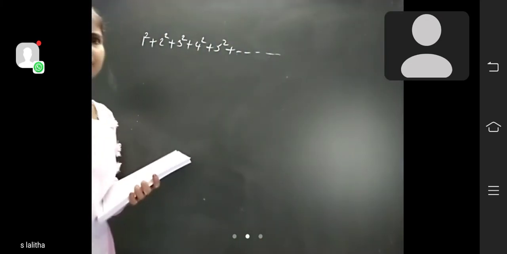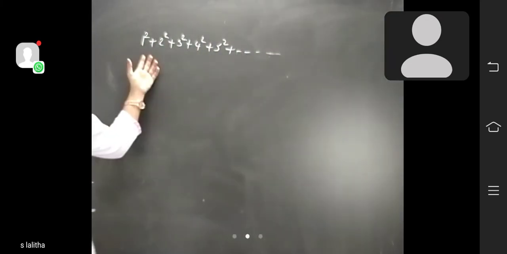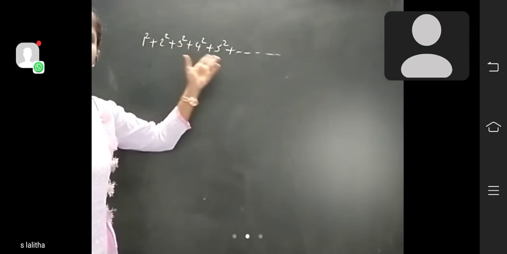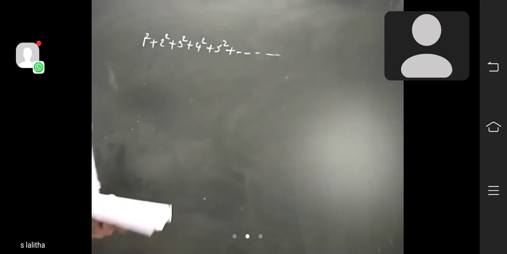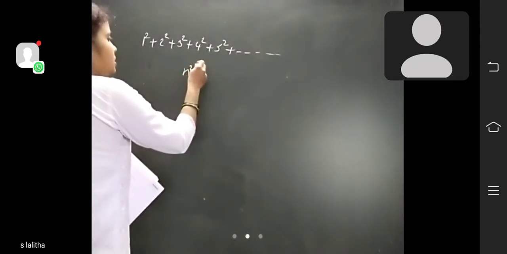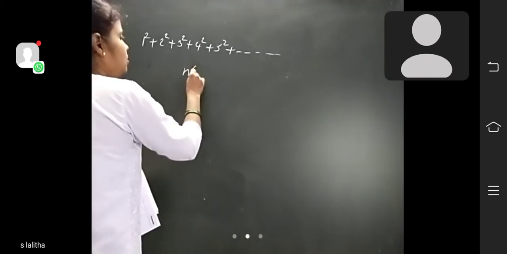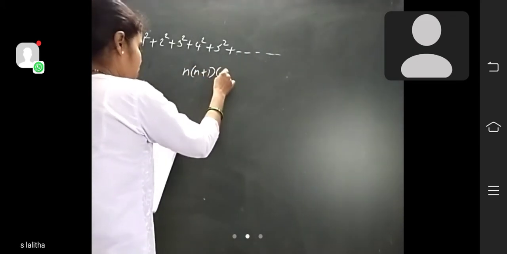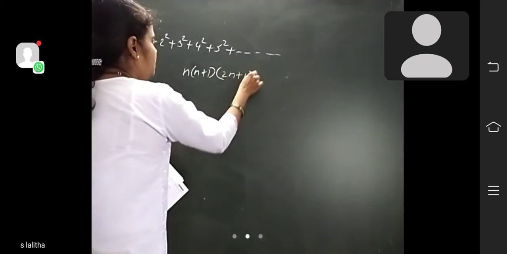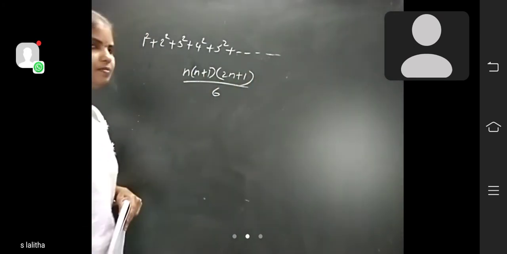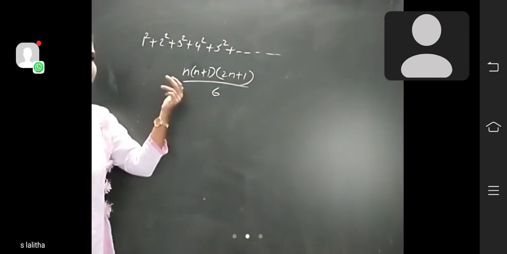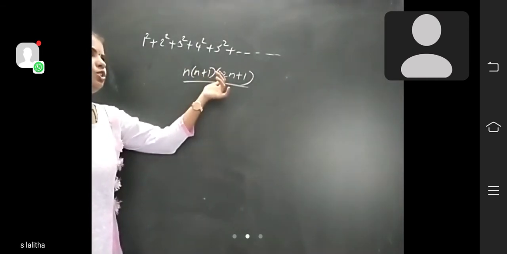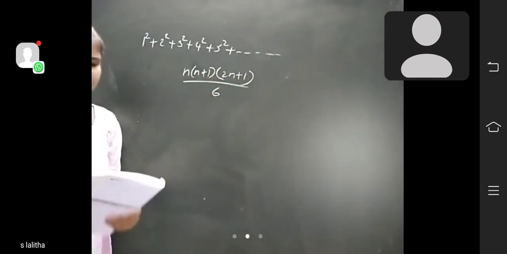These are all squares of natural numbers. The sum of squares of the first n natural numbers, what is the formula? n into n plus 1 into 2n plus 1 by 6.